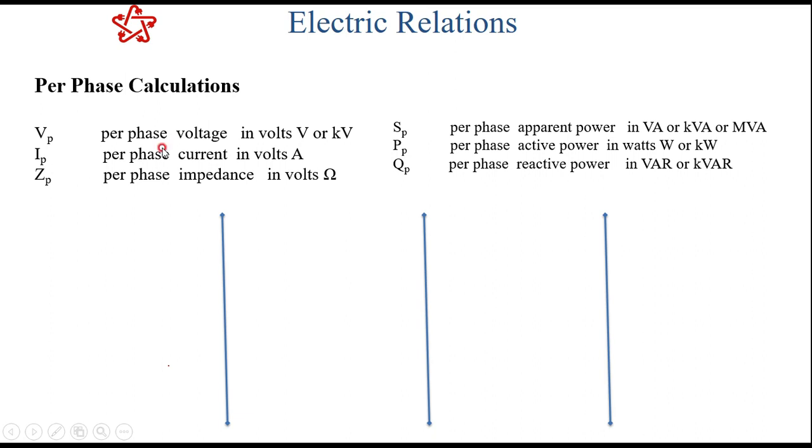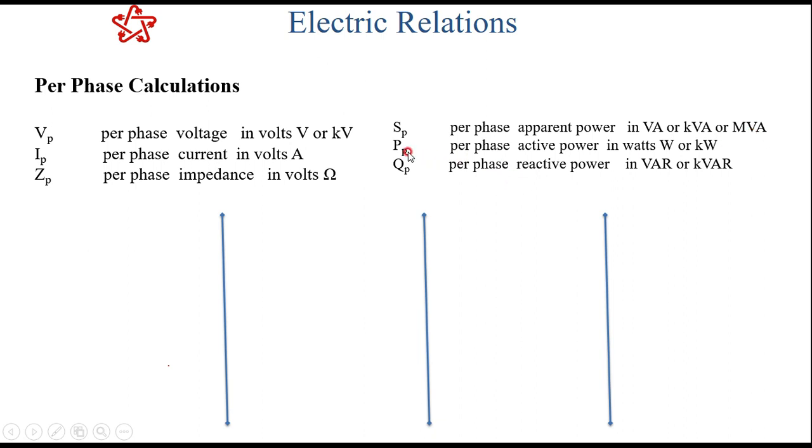Now the per phase calculation I am showing here: Vp, Ip and Zp are the phase quantities of voltage, current and impedance per phase. Similarly, Sp is called the apparent power, which is the product of voltage and current, measured in volt ampere. Bigger units are kilovolt ampere and megavolt ampere.